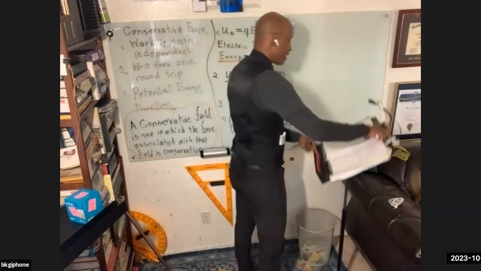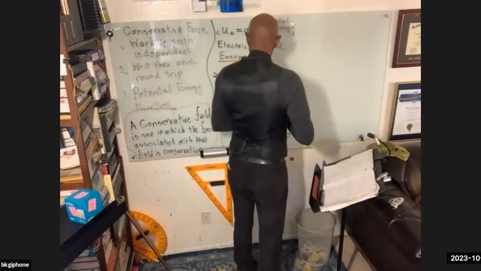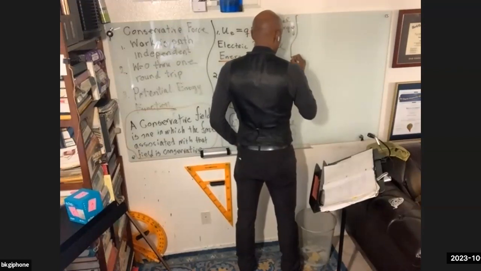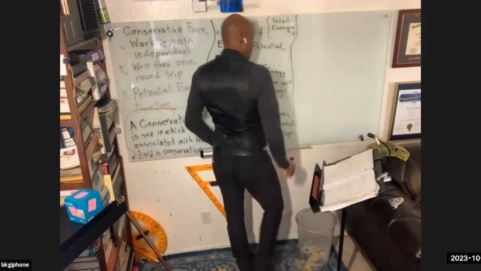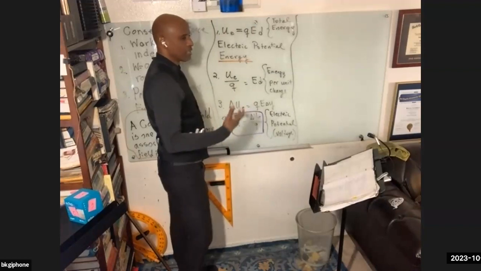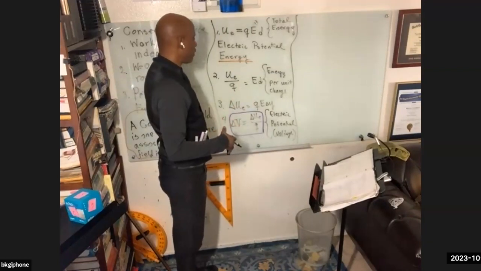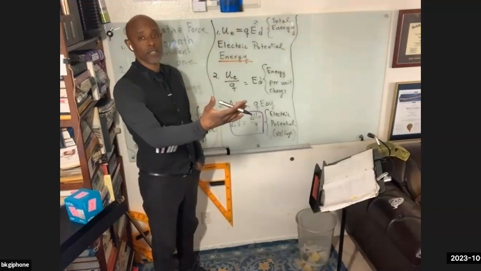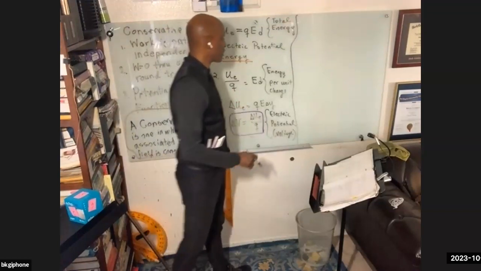Electric potential has units of joules per coulomb. So what is it? As I said, it's the energy per unit charge of a system of charges within an external electric field.